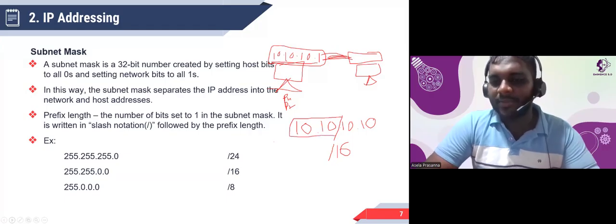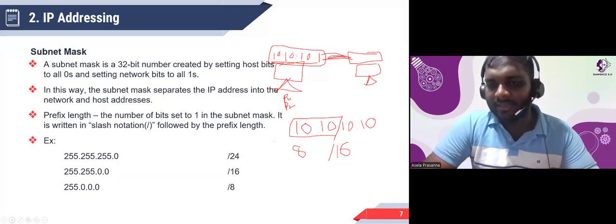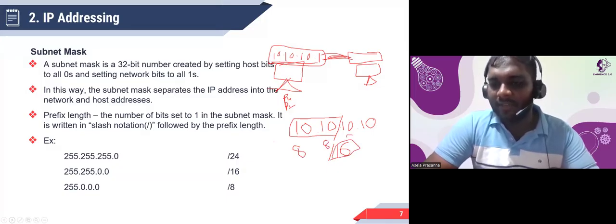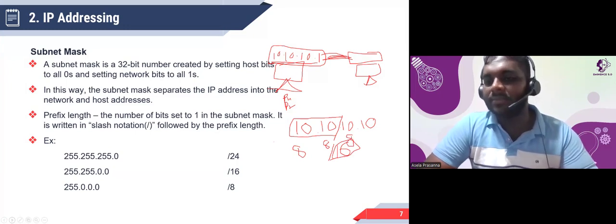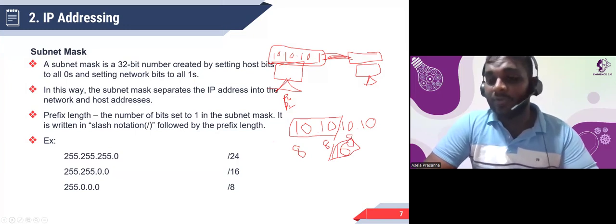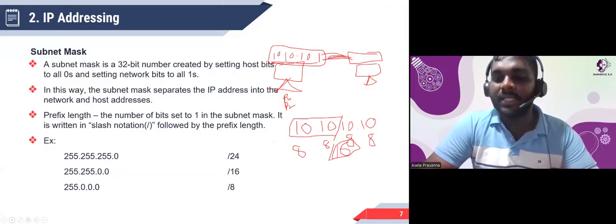This 16 comes from 2 octets: the first number has 8 bits, so 8 and 8, 16. That's how this 16 comes. If I take three octets it becomes 24, and if I take all the octets, it becomes 32.